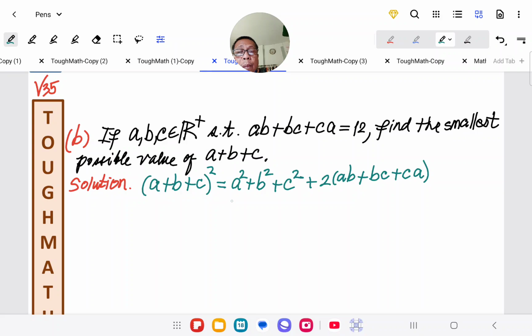Which is equal to a squared plus b squared plus c squared plus 24, since ab plus bc plus ca is equal to 12.